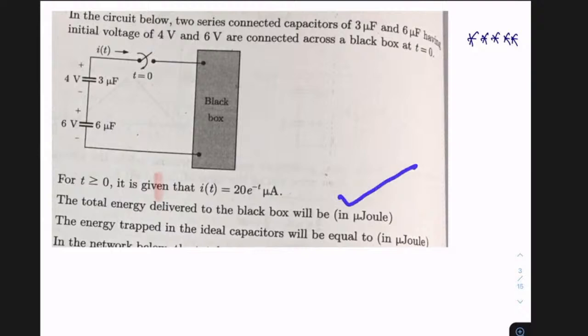The question they are asking is: the total energy delivered to the black box will be how many joules? That is question number 1. Question number 2 is: the energy trapped in the ideal capacitors will be equal to how many joules? Okay, so please try to answer.